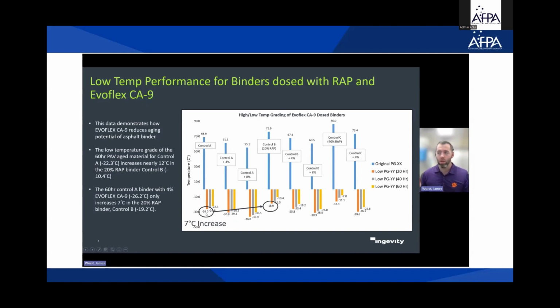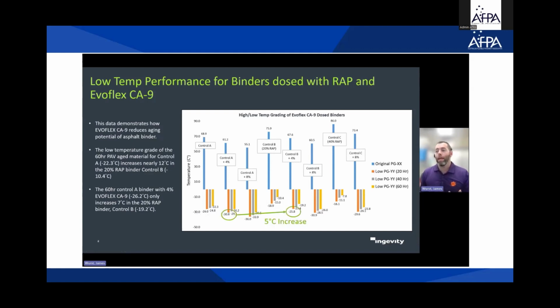Going from A to B, with 20% RAP, the binder grade at the low temp at the 20-hour PAV goes up about 7 degrees. When we age that further, at the 60-hour, we see a 12-degree increase. So the aging is picking up by adding more RAP. Our binder is aging significantly faster, is what this says.